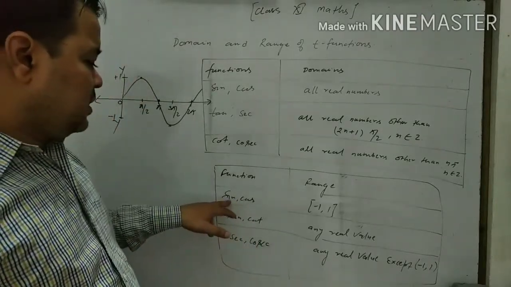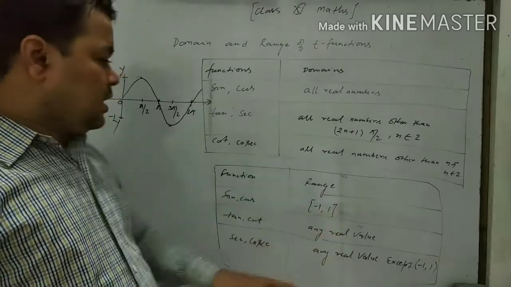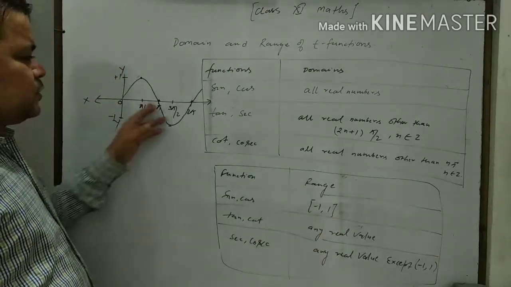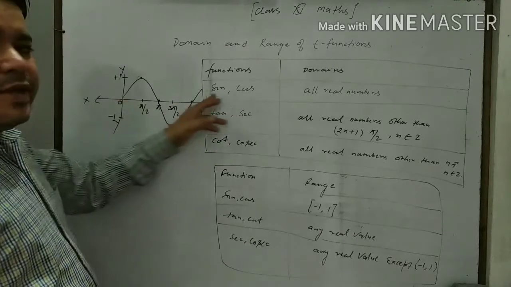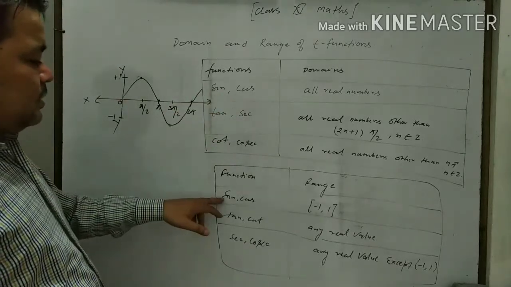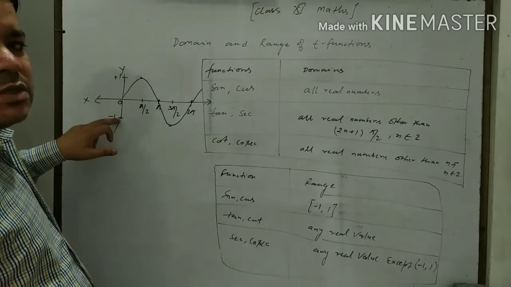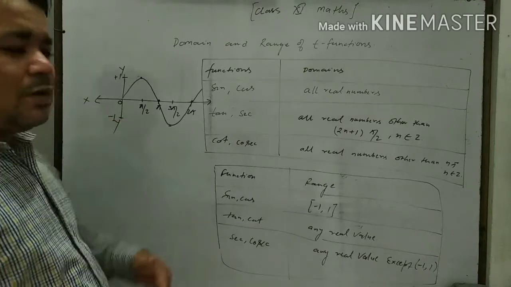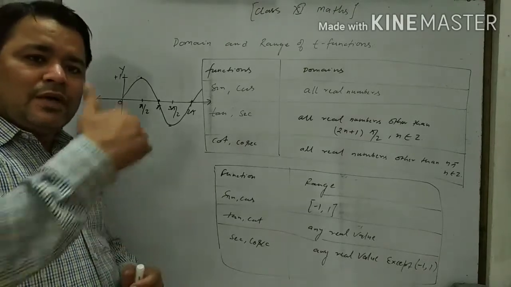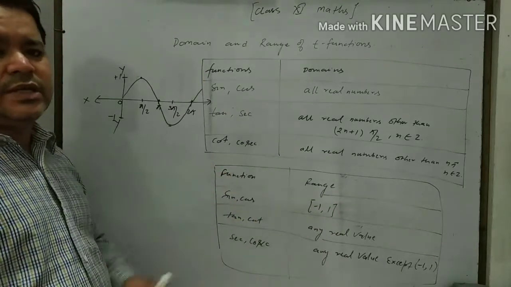Again, simultaneously we should discuss the range also. Here I am writing the range of sine is minus 1 to 1. It means whatever value we take in the domain of sine, the value of sine is maximum 1 and minimum minus 1. The value of sine varies from minus 1 to 1, not less or more than that.